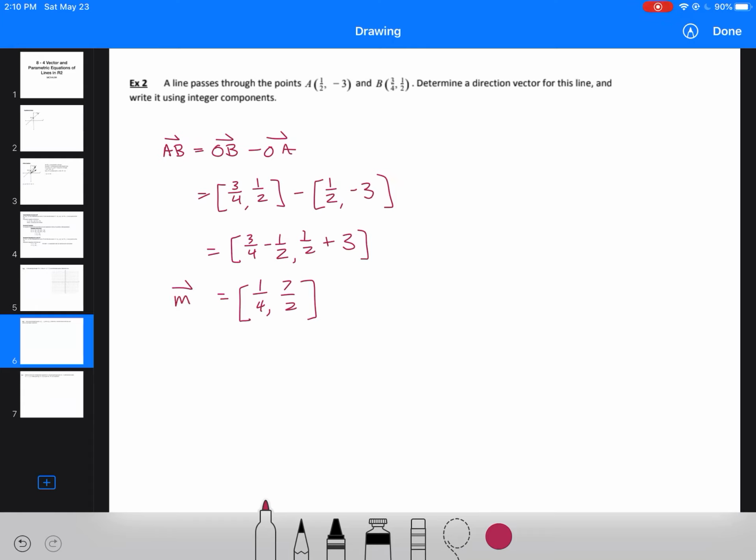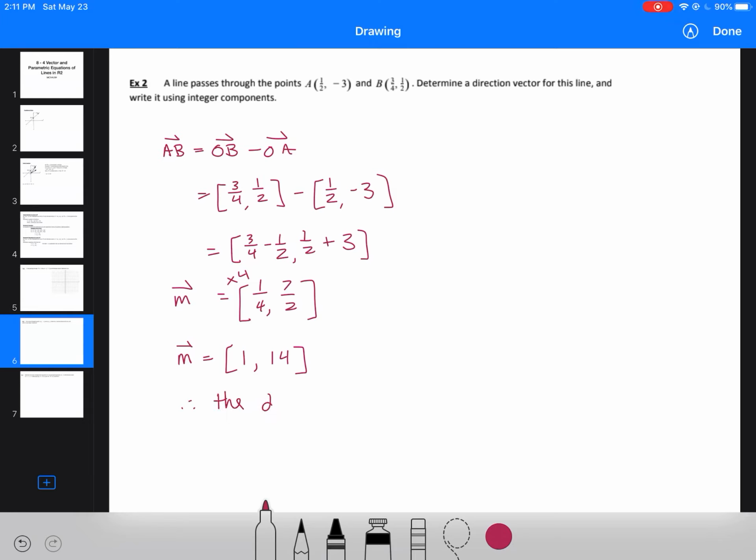Now, if you remember, we can change a vector just by multiplying by a scalar, and we still get a vector that's in the same direction. So let's multiply this vector by 4, and then we get (5, 14). What we can do now is use that direction vector to answer the question.